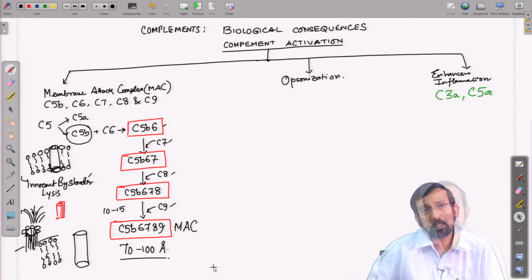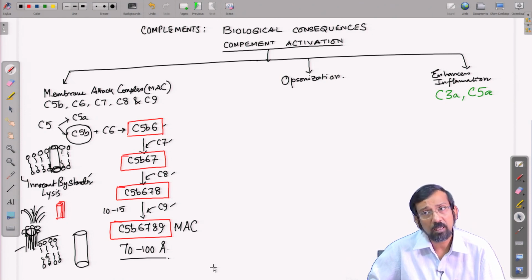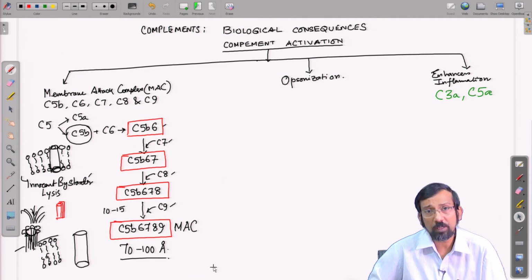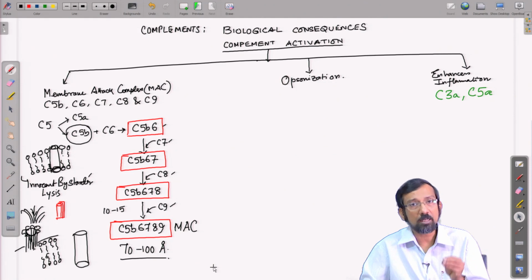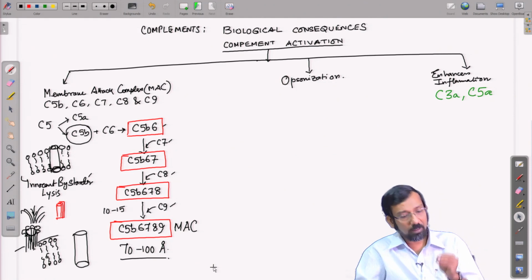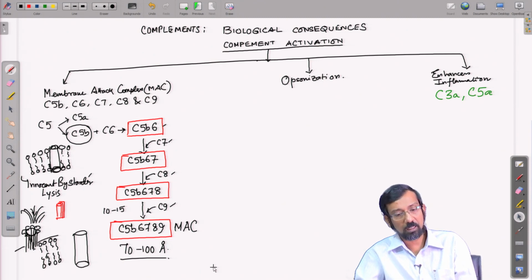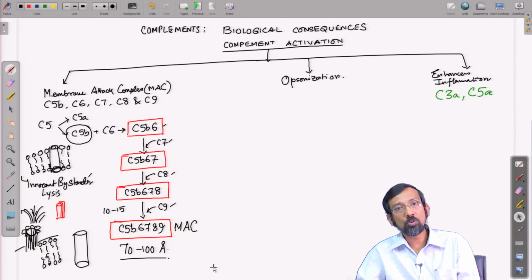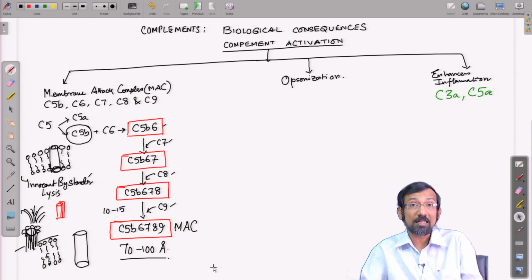But usually these events do not happen to our normal cells, they usually happen to the target cells. So, the system is very well designed to recognize the target cell only. Sometimes, as I told, it can so happen that these complexes are not formed on the target cell, and can lead to what is known as innocent bystander lysis.